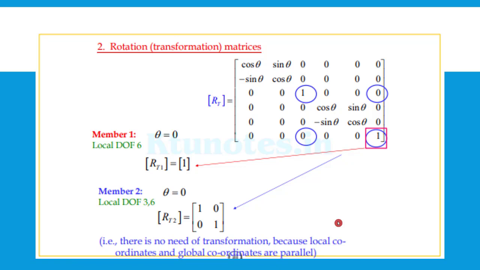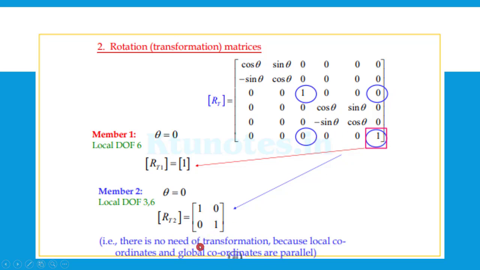Now the rotation matrix will be 1 only, because there is no theta value; theta is equal to 0. So on substitution, we get the corresponding value as 1. For member 2 also theta is equal to 0. That will be 3, 6. So 1, 0, 0, 1, 1, 0, 0, 1.